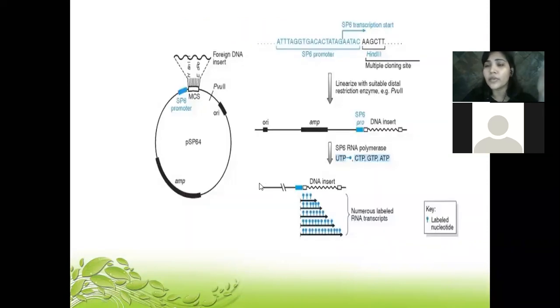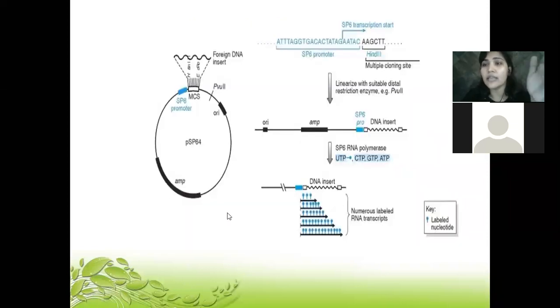Ribonucleotide everybody knows. Ribonucleotide is an RNA nucleotide, right? Instead of ATGC, what will be there? AUGC, right? The T is replaced by U. So you'll have those nucleotides, you'll have DNA, and you'll have RNA polymerase.